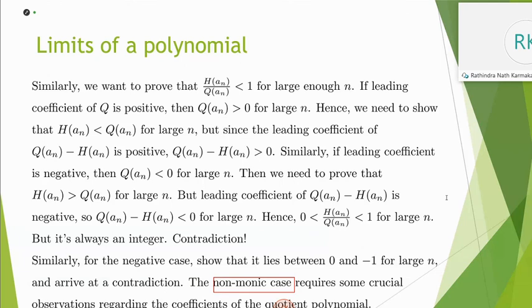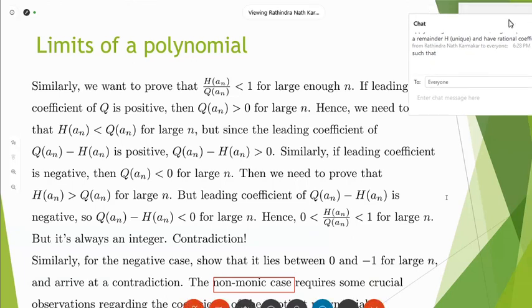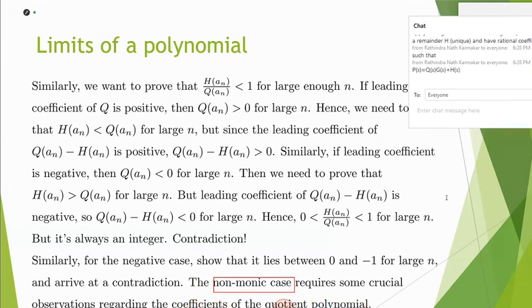Apply the division algorithm for rational numbers to get a quotient g and a remainder h which are unique and have rational coefficients such that p of x equals q of x times g of x plus h of x for all x, and either h is identically 0 or its degree lies in 0 to degree of q minus 1.